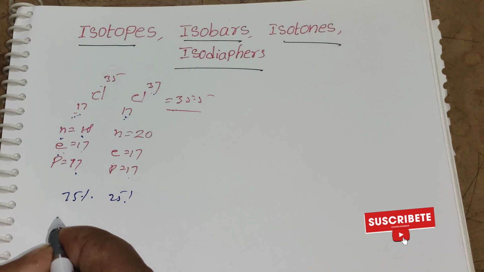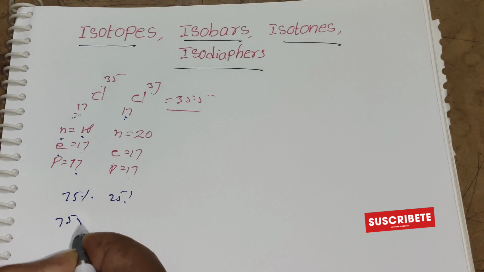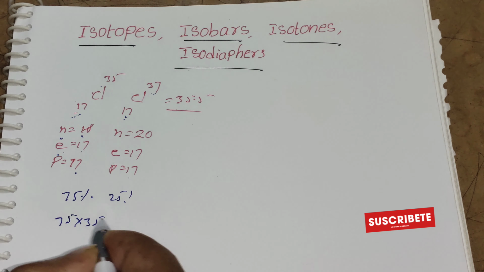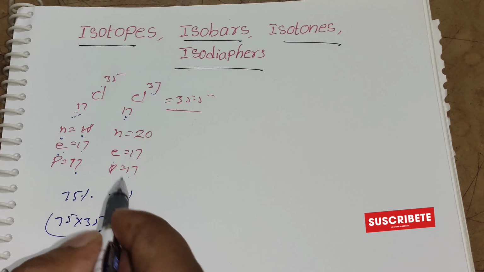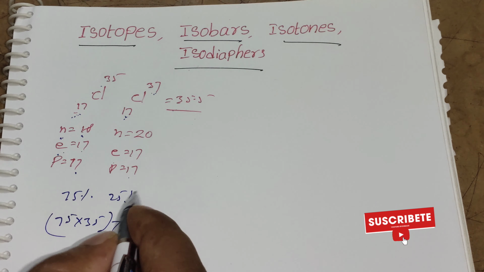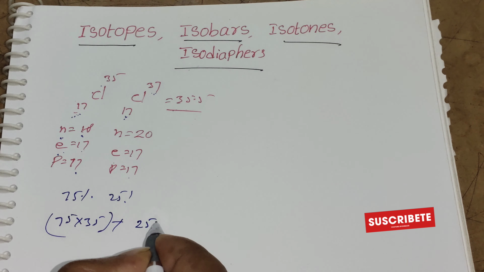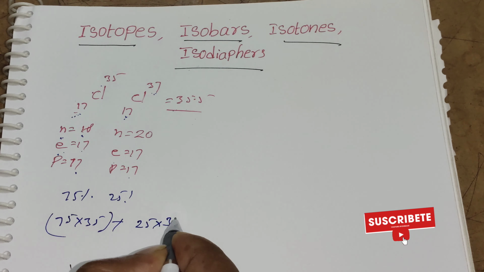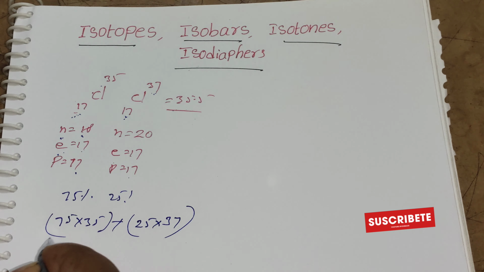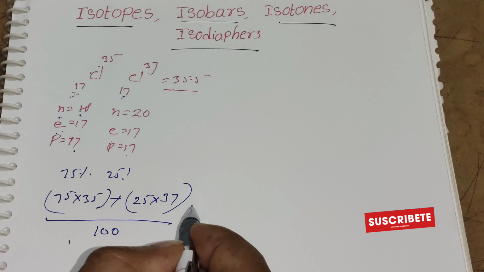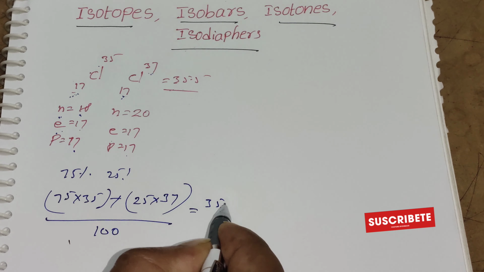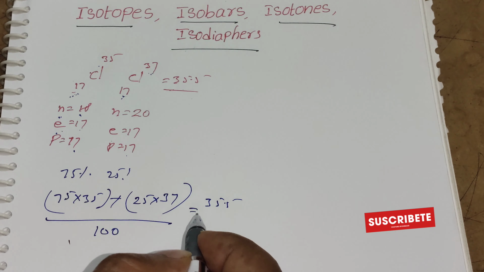Now chlorine-35 isotope percentage is 75 into 35, plus chlorine-37 isotope percentage is 25, that is 25 into 37. Percentage I am always taking by 100. So now the atomic weight is 35.5. That is the chlorine atomic weight.